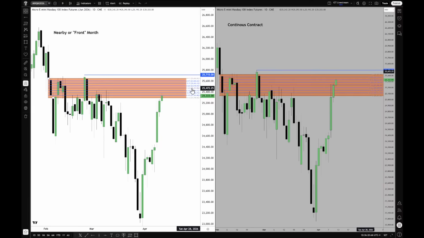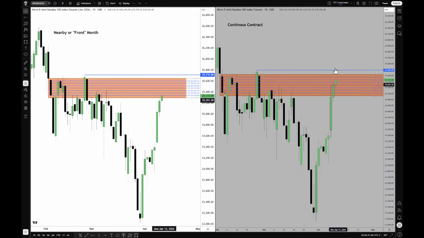Consequent encroachment is 475; we'll just call it rounded to an even number. So 475 to 495, there's 20 handles in there. Both are key levels. Why? On the front month, it's half of the suspension block. And we're above the halfway point, or consequent encroachment, on the continuous contract.